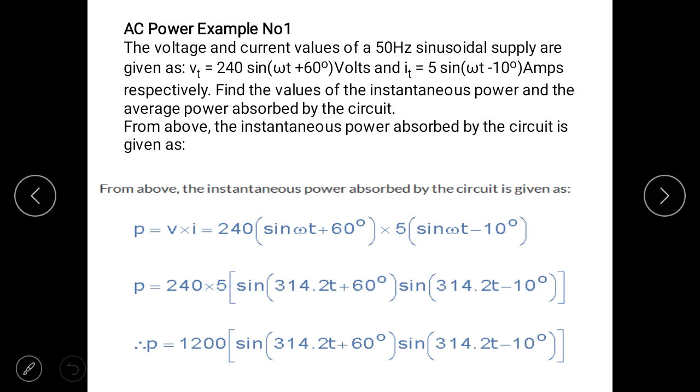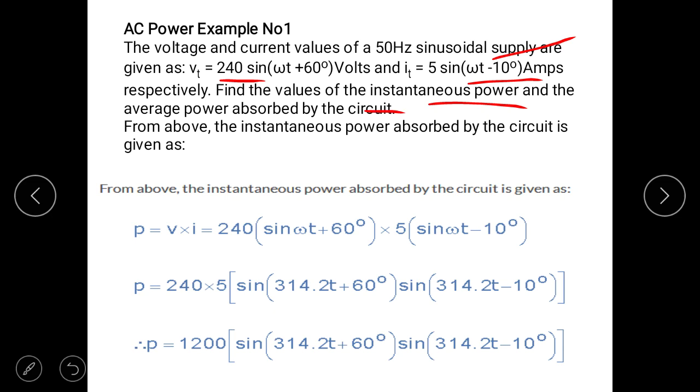Now for example, the voltage and current waveforms of a 50 Hz sinusoidal supply are given: v(t) is equal to 240 sin(omega t plus 60 degrees) and i(t) is equal to 5 sin(omega t minus 10 degrees) ampere. So find the value of instantaneous power and the average power absorbed by the circuit.